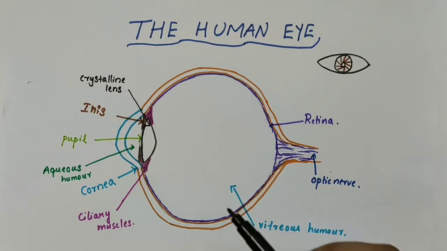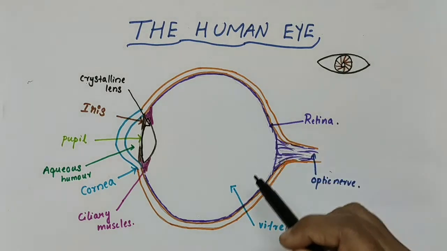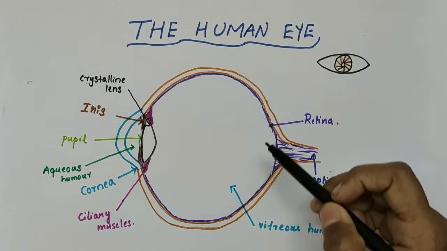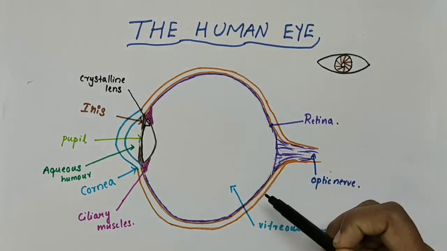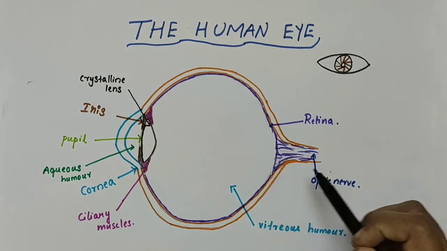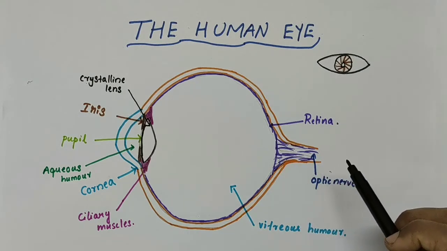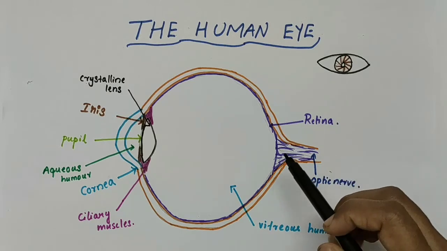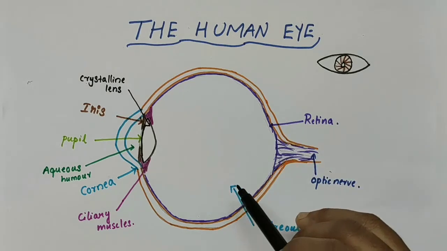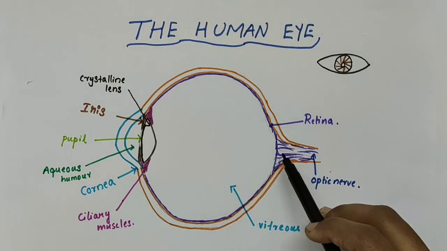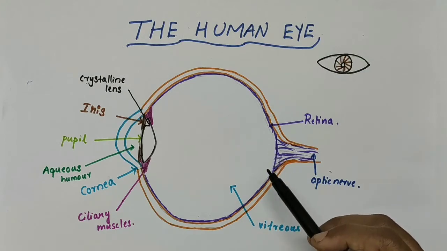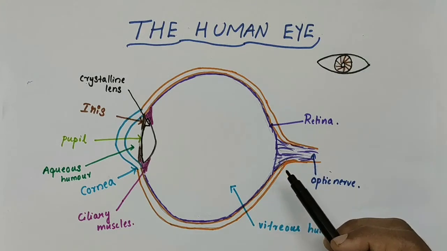When we look at a tree, we see that tree, but the image formed on the retina is an inverted image. When the light from that tree falls on the retina, the light sensitive cells get activated and generate electrical signals.